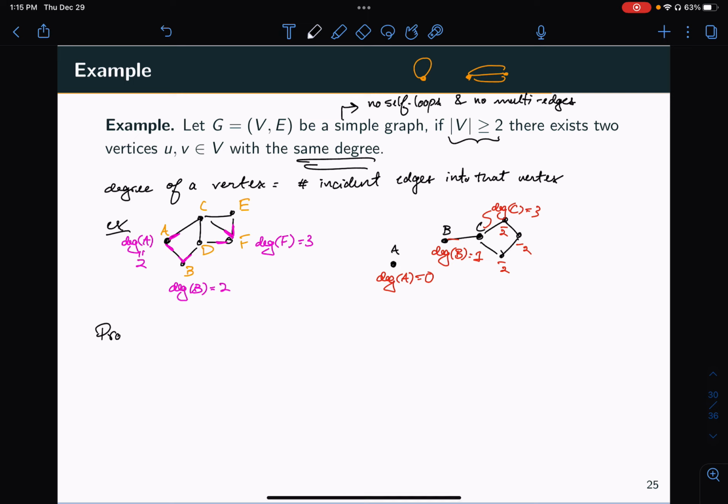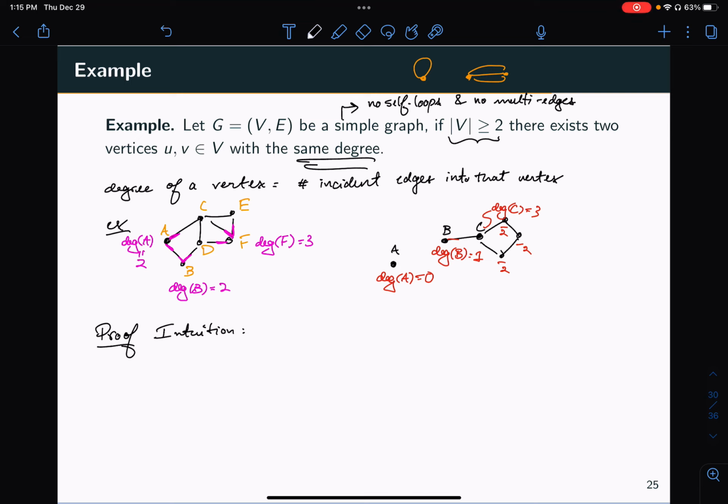So let me write proof. And so the proof is actually going to begin, well, let me give you the intuition of what the proof is. The intuition is that there's a finite number of degrees that can be assigned to vertices.